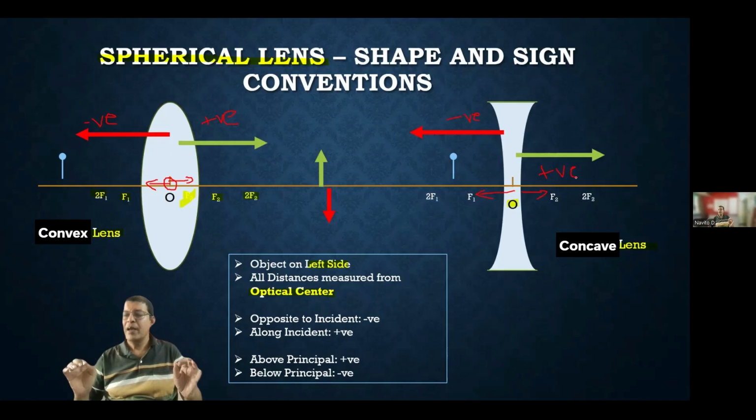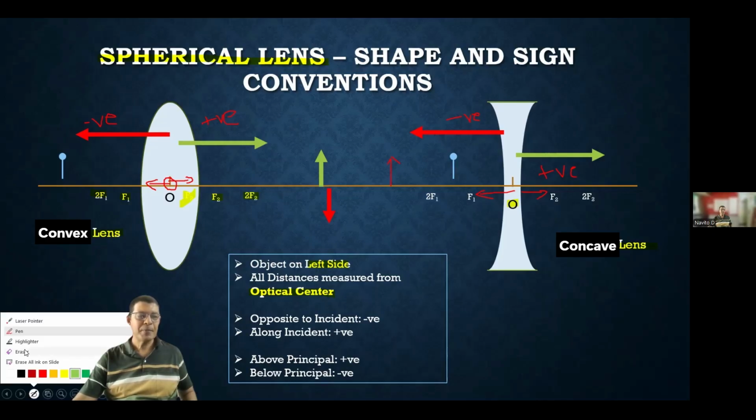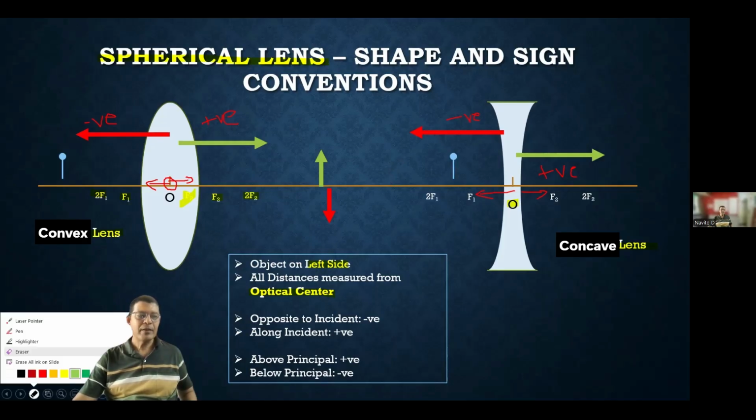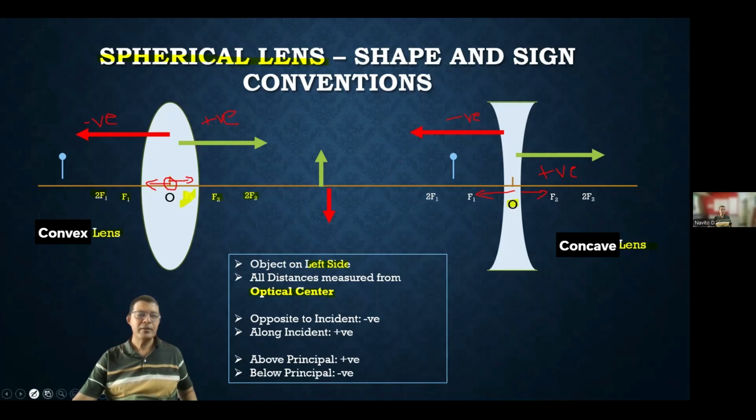Same rule. Along the incident ray is positive; against the incident ray, when you're measuring from the optical center, it is negative. Height of the object, if it is above the principal axis, is positive, shown in green.